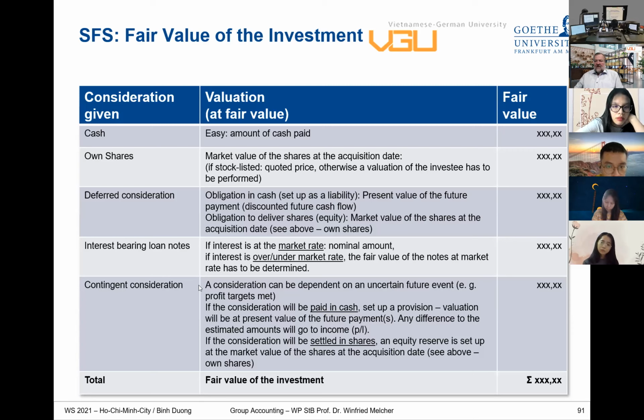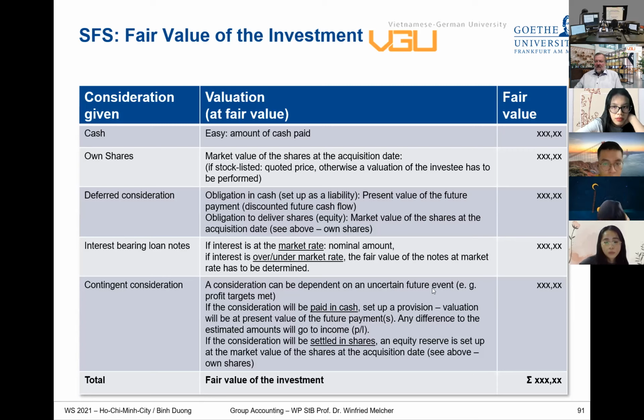And for the contingent consideration, you have to determine the fair value. That will be a problem to calculate. So mostly in the exam, there will be a number given, so it's not a big deal.